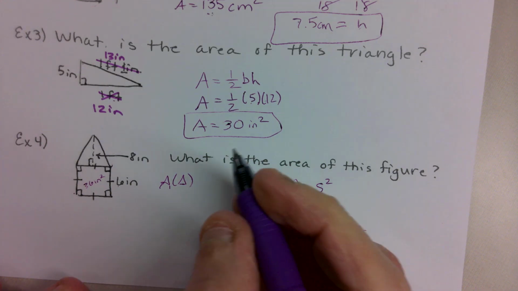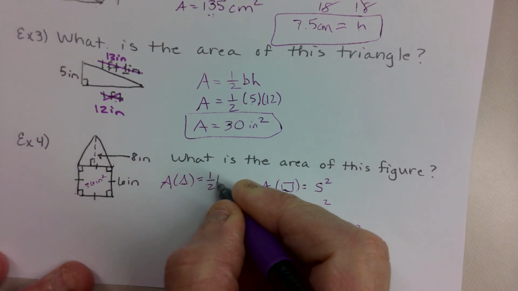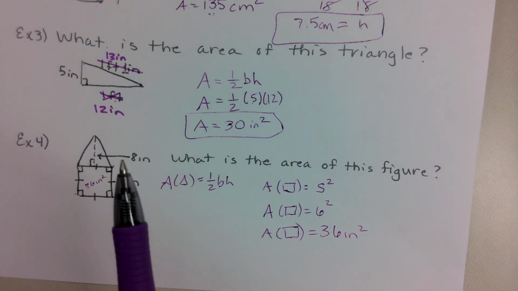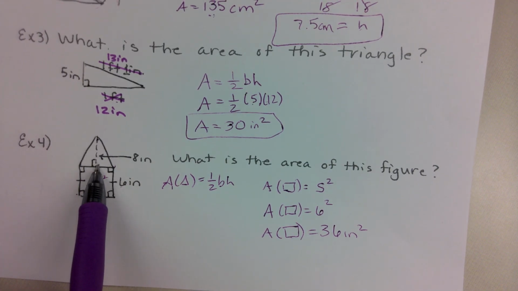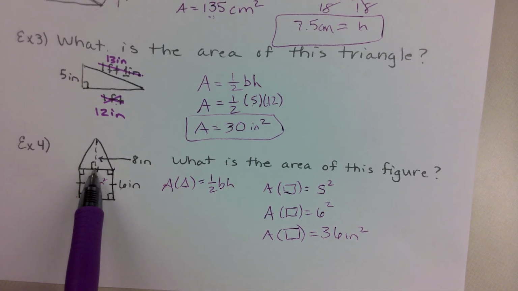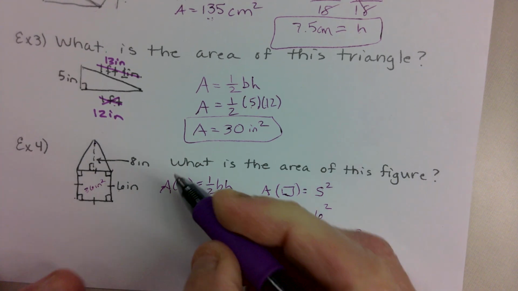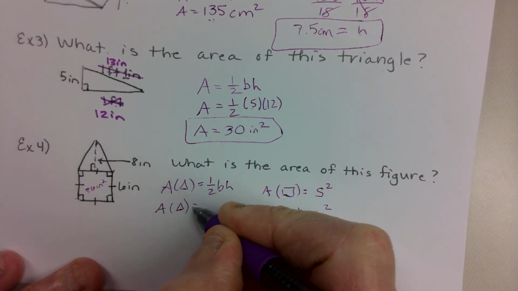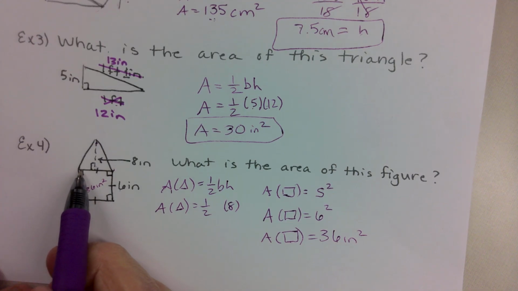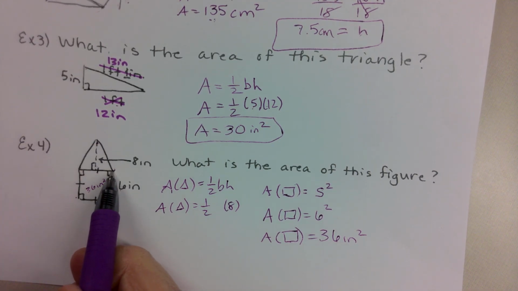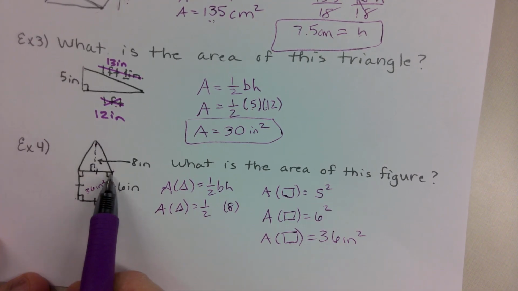So triangle's 1/2 base times height. Well, this can be the height, right? But the base has to be the side perpendicular, so I need this side. So I have the height is 8. Can you guys tell me what this side is? Of course you can. These are all the same. So it's 6.